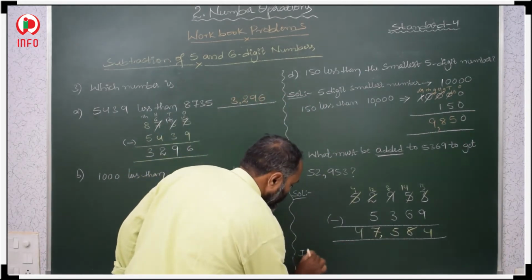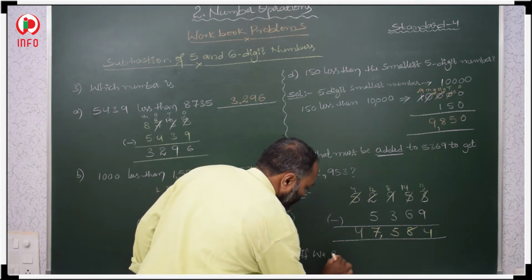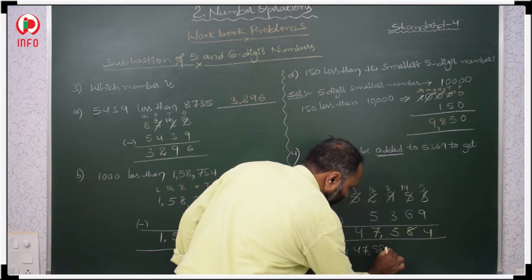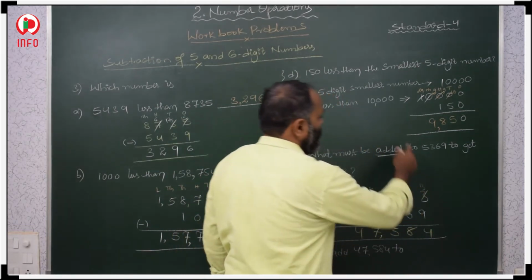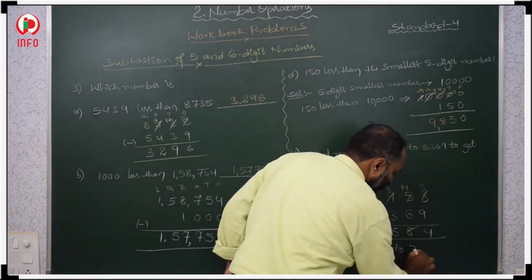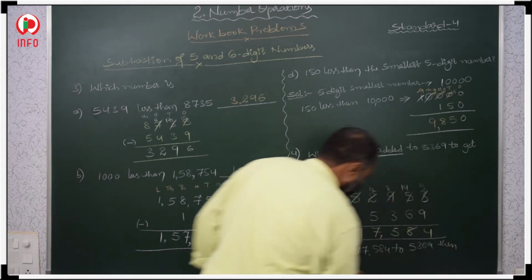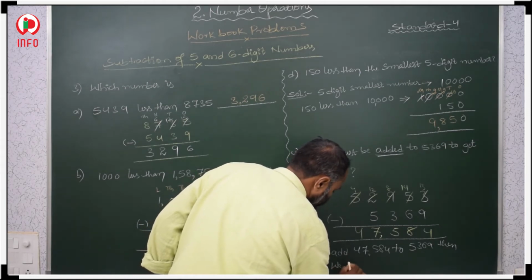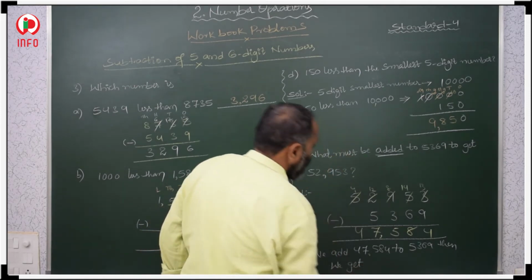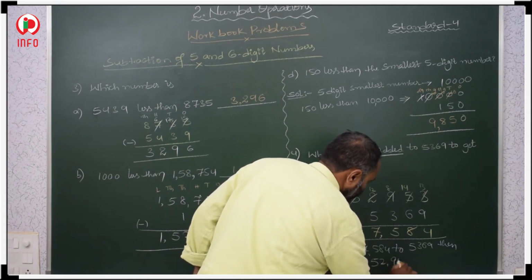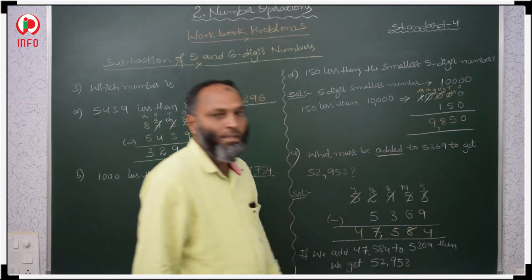If we add 47,584 to 5,369, then we get 52,953. This is the answer.